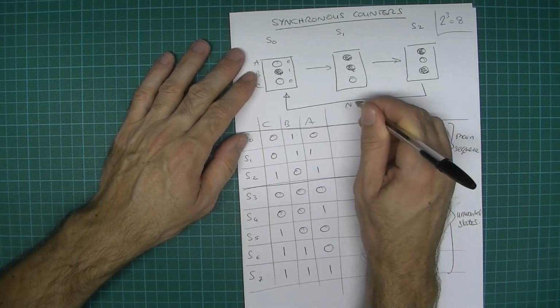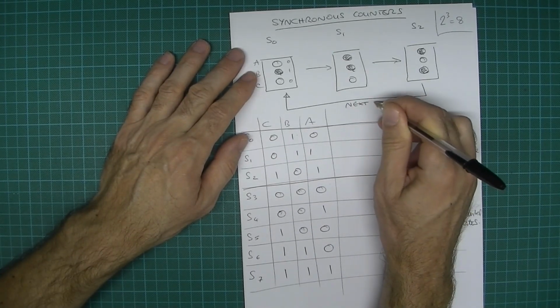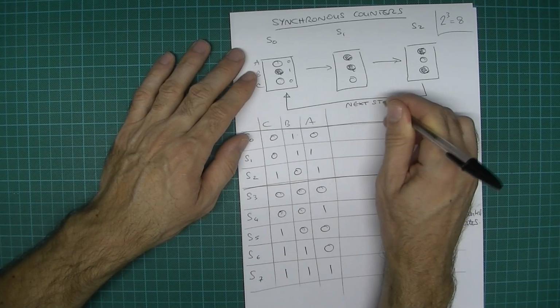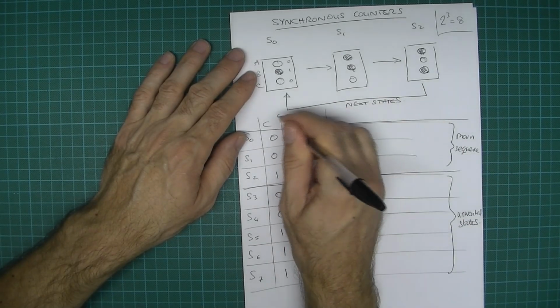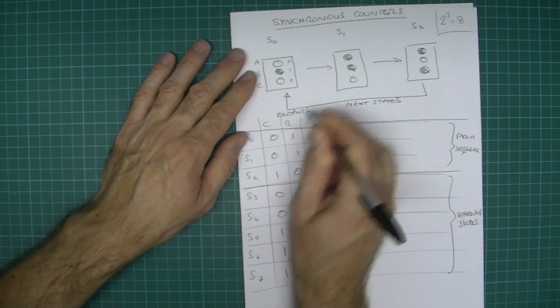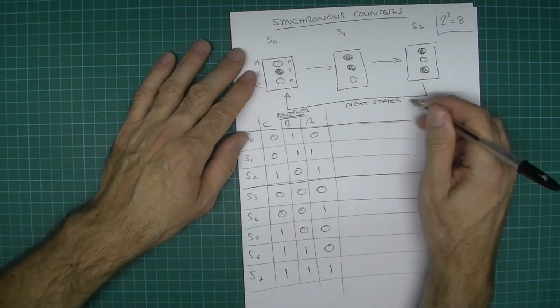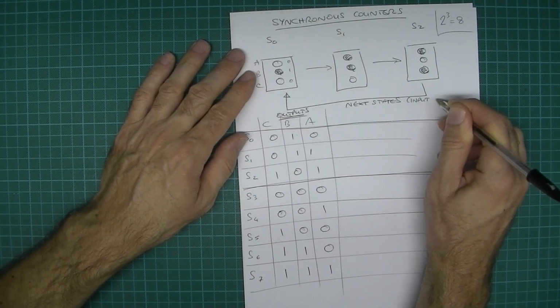Now, in this table now, what we need to do, we need to identify the next states. So these are the outputs here, the C, B and A, and the next states will be the inputs.